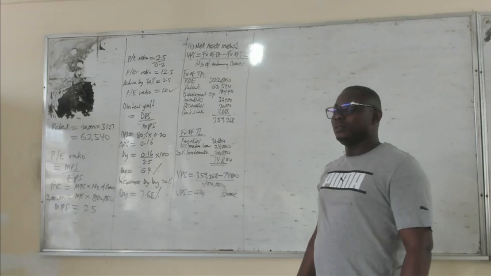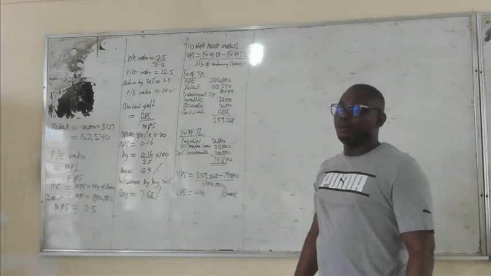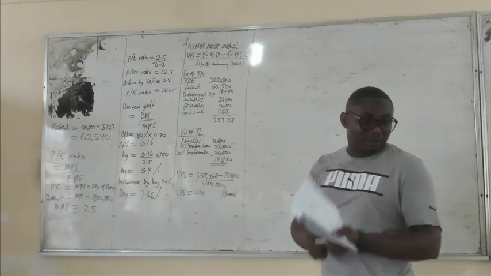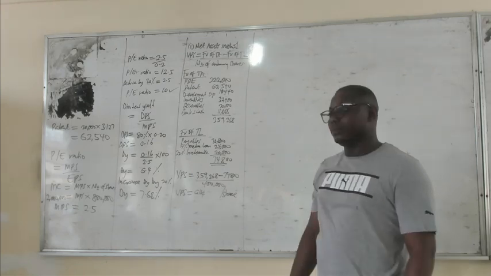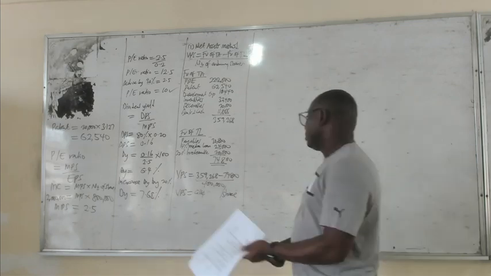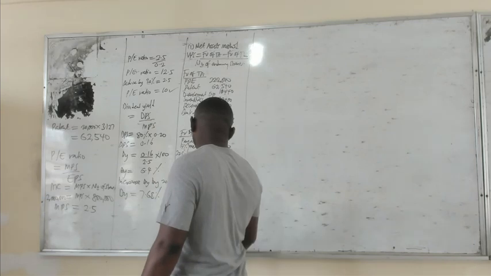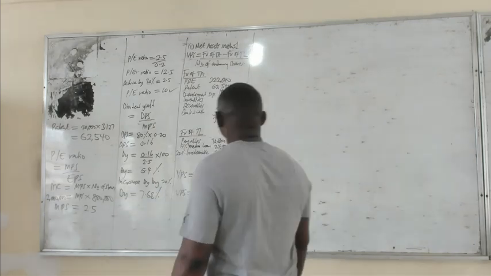Recalculate it more. Unfortunately, I don't have the spreadsheet. I think I've solved this question. 0.71. 71 per share. Okay.